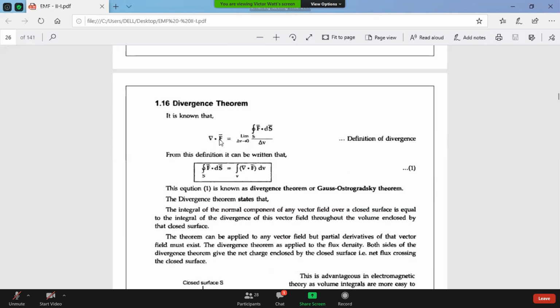Del dot F, by definition, is this. Look at this side of your thing. It says the limit. So del dot F equals the limit as your small volume goes to 0.